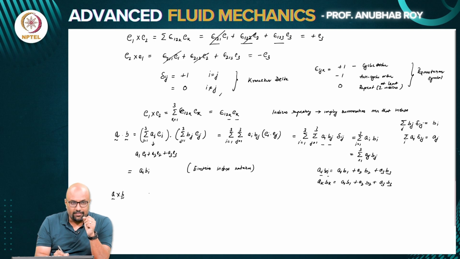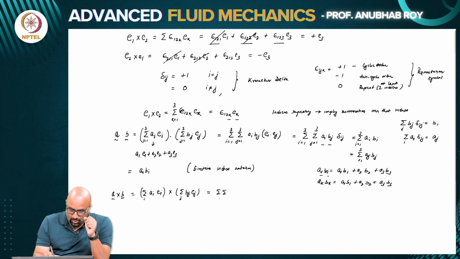So, A cross B. Going back to what we had, it is Ai Ei cross product with Bj Ej. This runs over all i, this runs over all j.